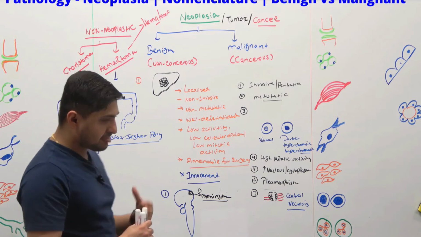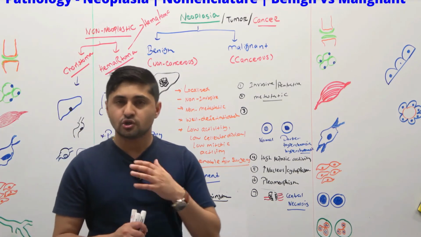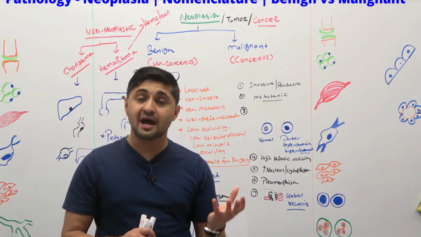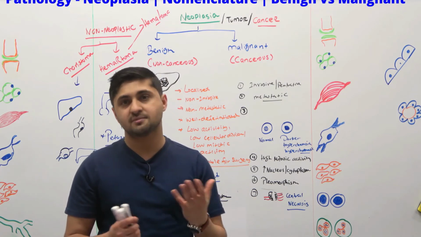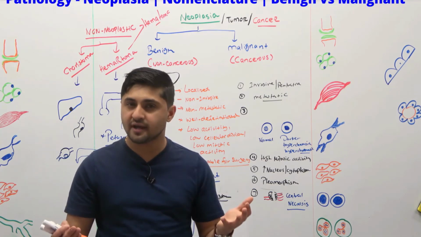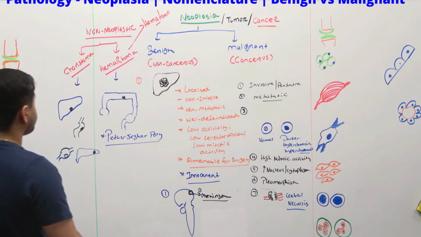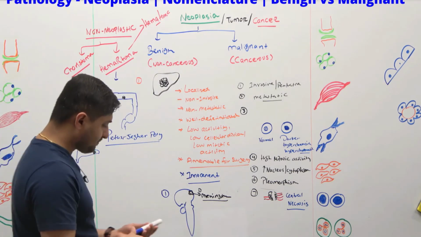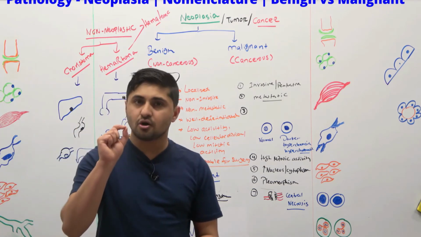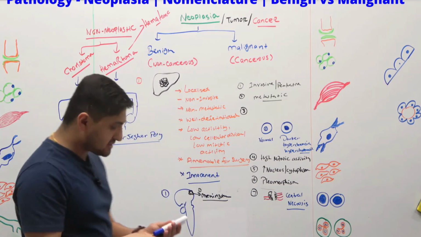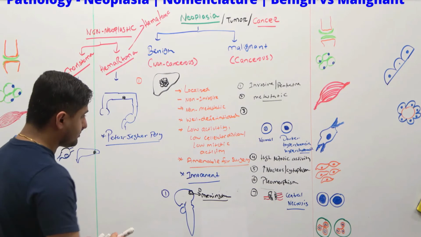After this, let's discuss the nomenclature of benign versus malignant tumors. How are tumors named? Generally, tumors are named based on the origins of their cells. Let me erase this.